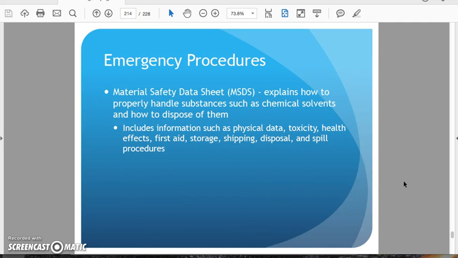Something else that you will probably encounter is dealing with MSDSs, material safety data sheets. Anytime you're dealing with any kind of chemicals, cleaning chemicals and so forth, there is always an MSDS that explains what is in that bottle of cleaner. How do you deal with it? How do you dispose of it?